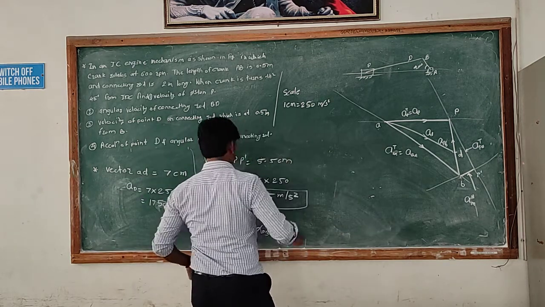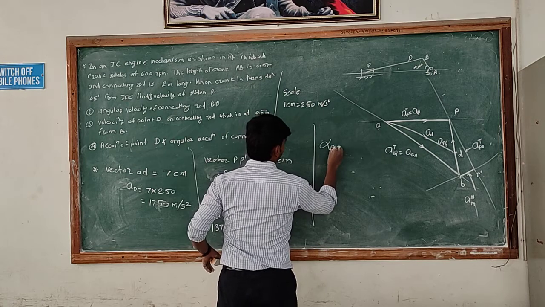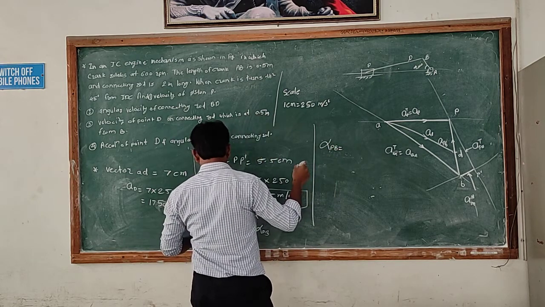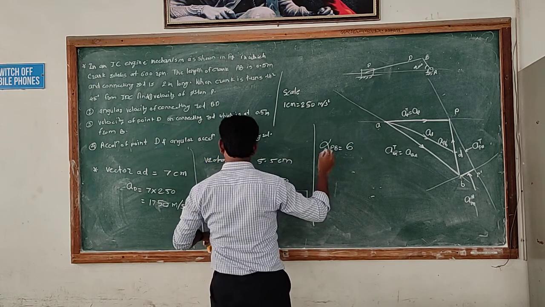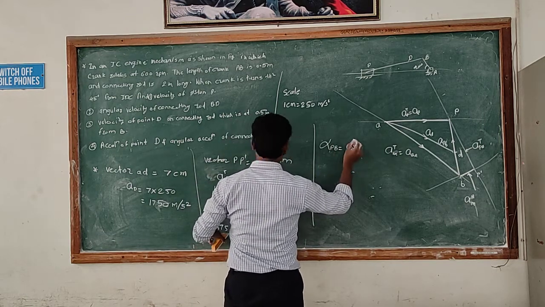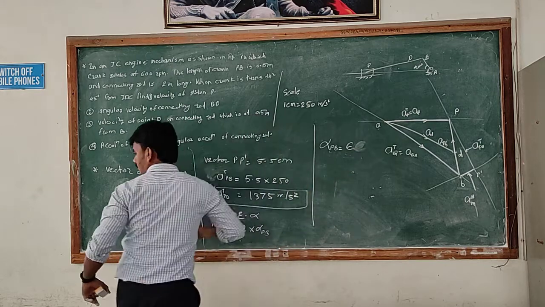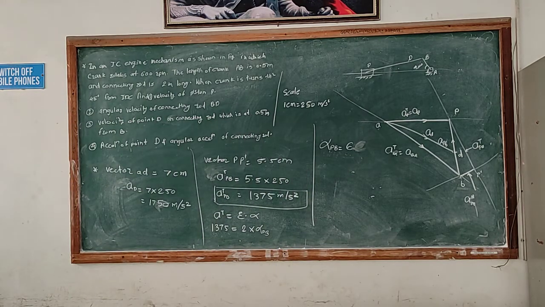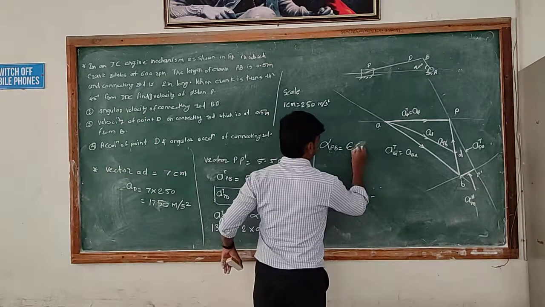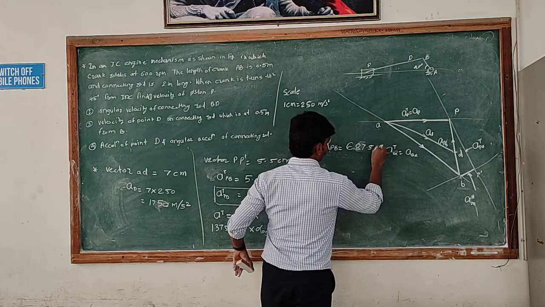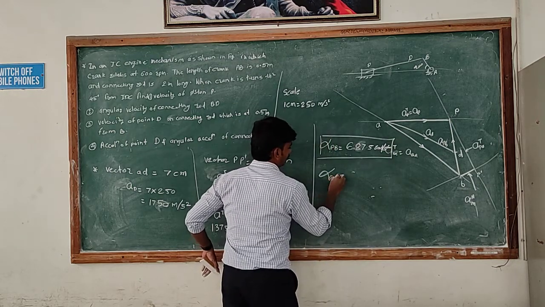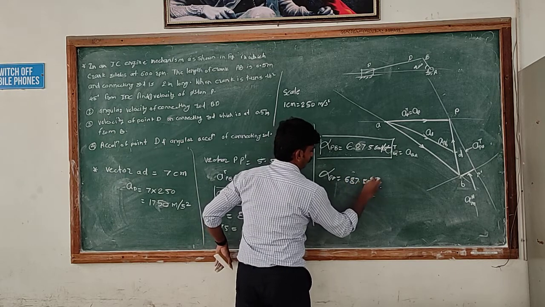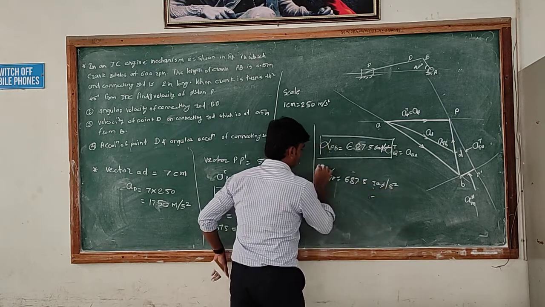If we solve this, we will get alpha of PB equal to 687.5 radian per second square. Okay.